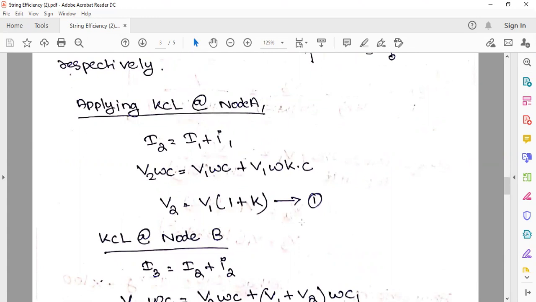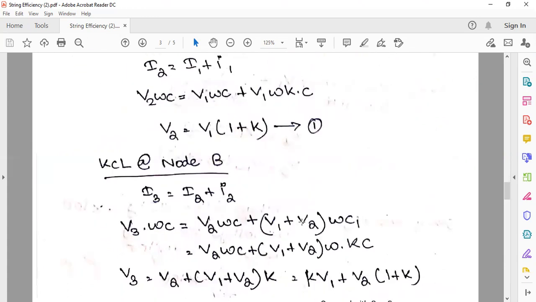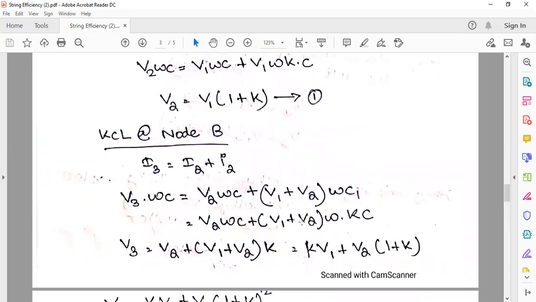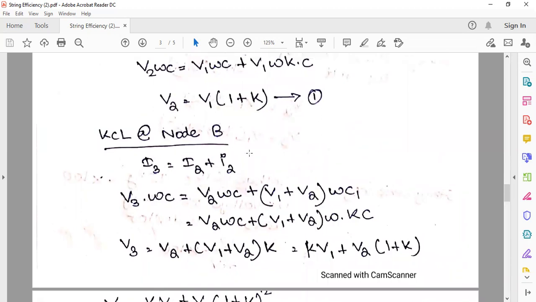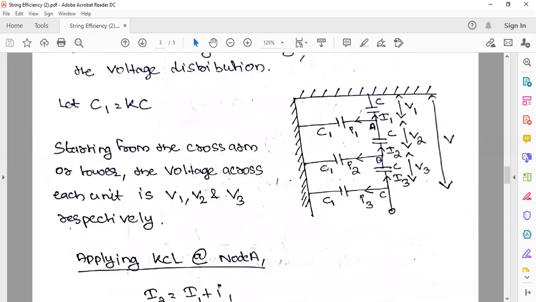That is equation 1. Then KCL at node B: I3 is equal to capital I2 plus small I2. That is V3 into omega C equal to V2 into omega C plus, and this is the important thing you should know, I2 is passing through here, so the voltage across this capacitance C1 at node B will be V1 plus V2.